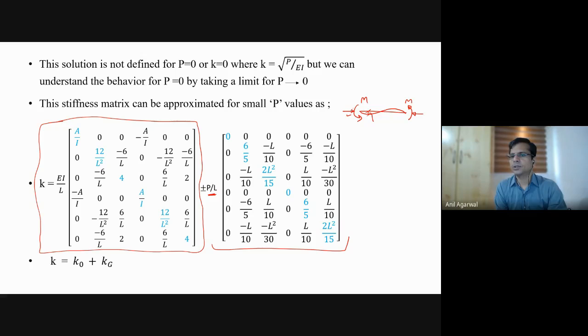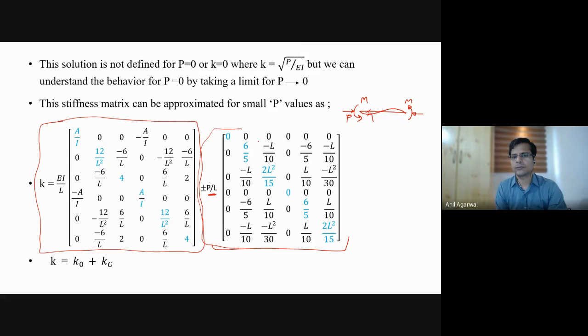As you increase the value of P, if P is compression, it is negative. If P is tension, it is positive. So this negative sign is to be used if P is in compression. Overall stiffness of the member decreases as the P value increases. And this is the additional stiffness.